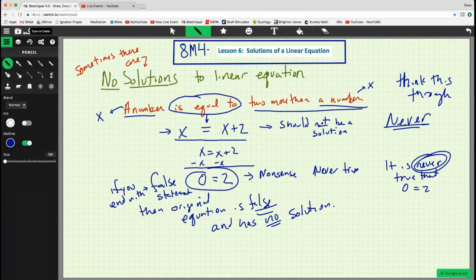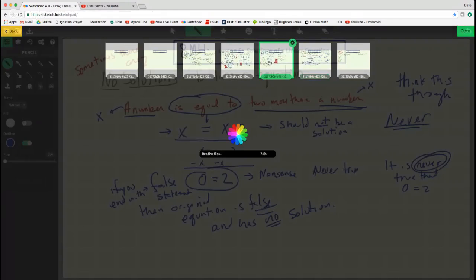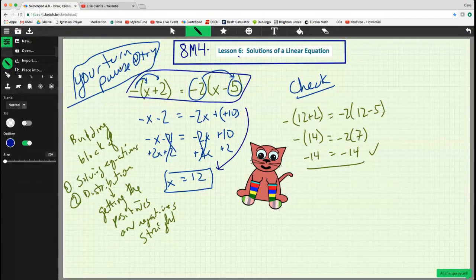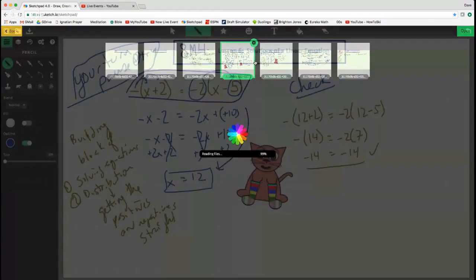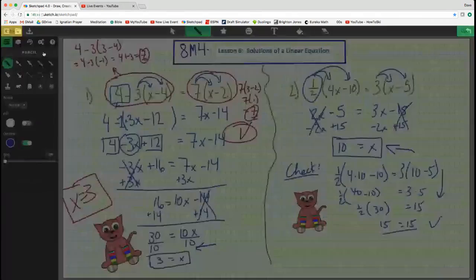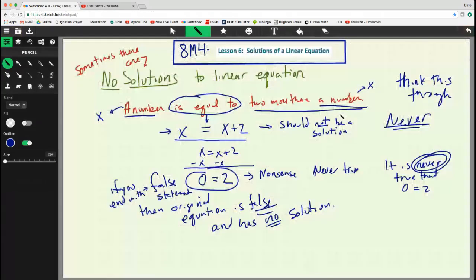Right? So if you go back and look at all of these other equations that we did earlier, like this one here, we had a solution. If you look at these two equations, they had solutions. But sometimes you'll get no solution.